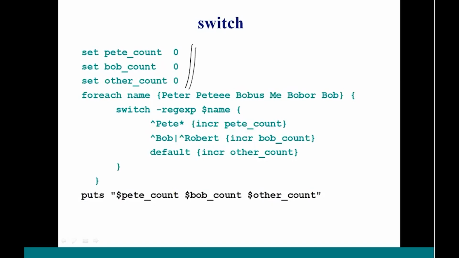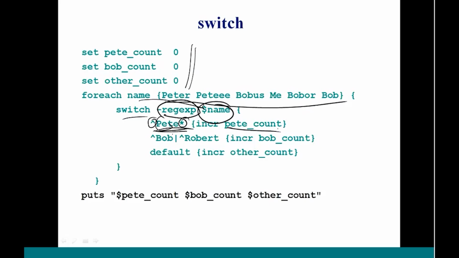We set these counts to 0, and then for each name in a list of names, we say switch, and based on the regex name, if it matches Pete as the first character, then we increment the Pete count.